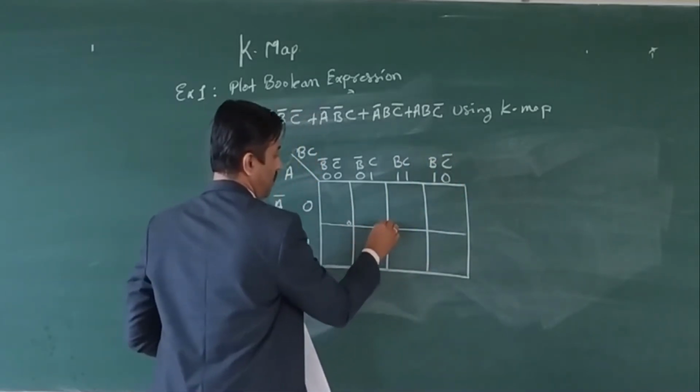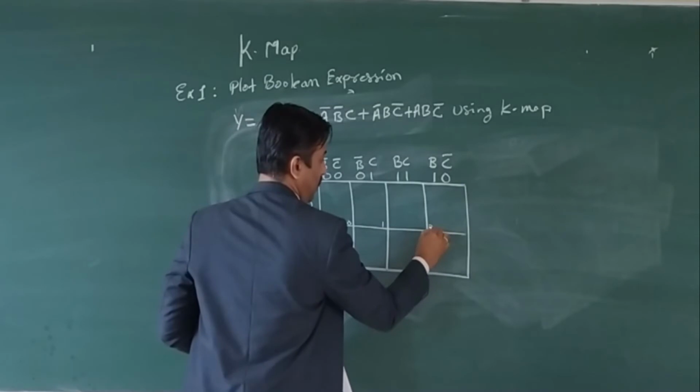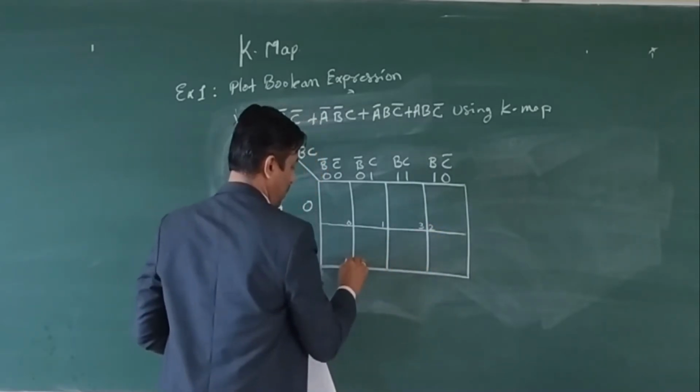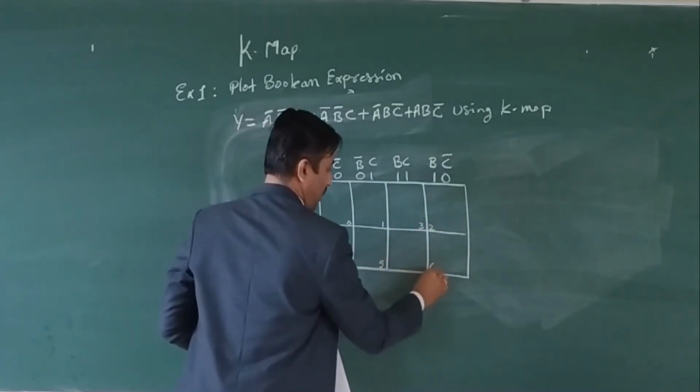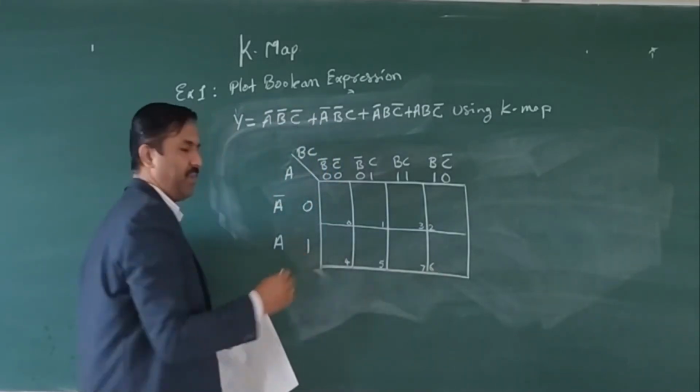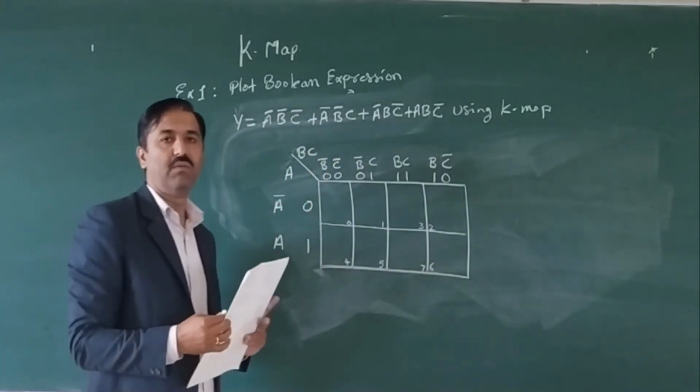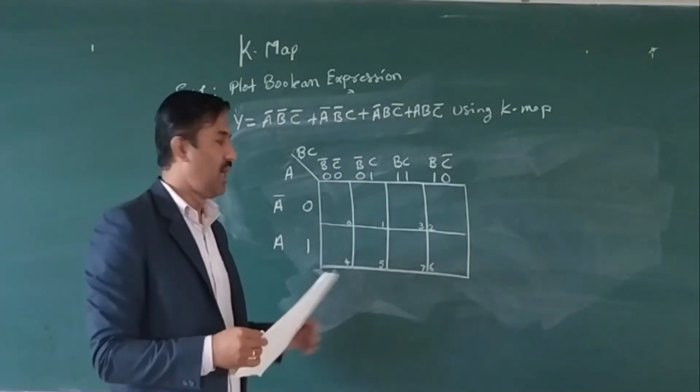Numbering the cells 0, 1, 2, 3, 4, 5, 6 and 7.